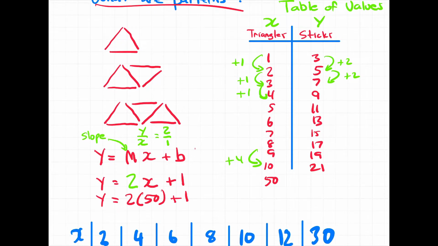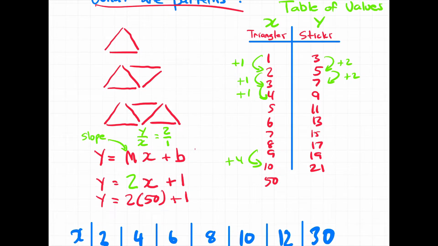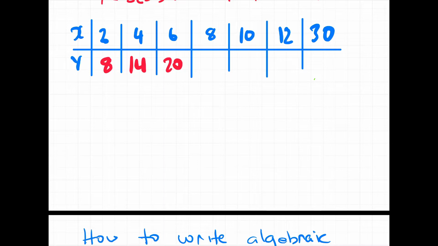What is 2 times 50? Well, 2 times 50 is 100 plus 1. So in this case, we have y equals 101. So this would be 101 right there.